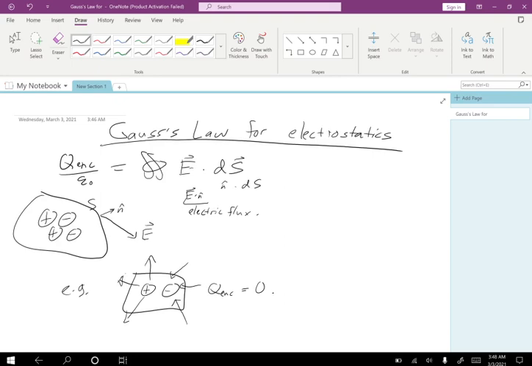So this law is actually equivalent to Coulomb's law, but let me just try to motivate where it comes from. Well, it comes from experiments, obviously, but can we see this from a mathematical point of view? So it's worth asking, one, why is it a surface integral?